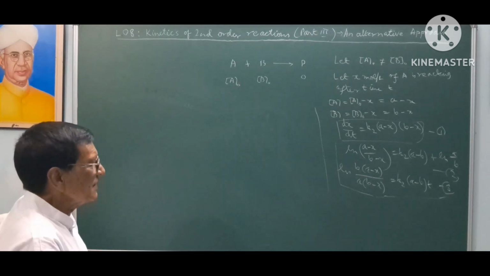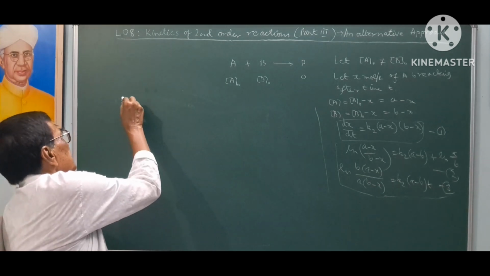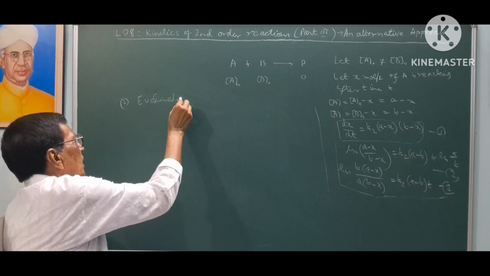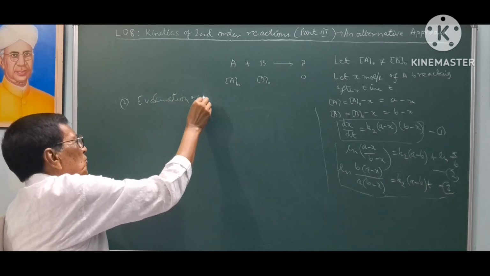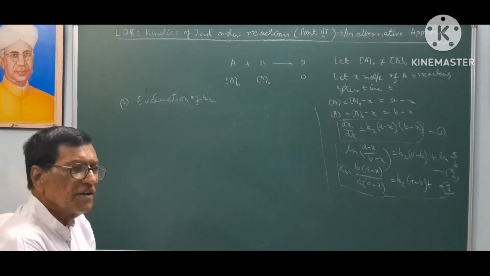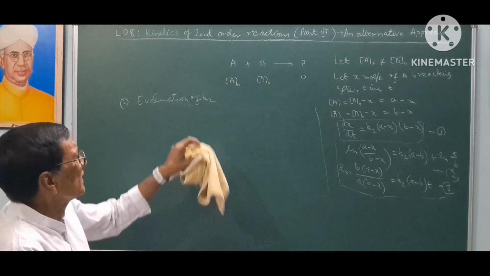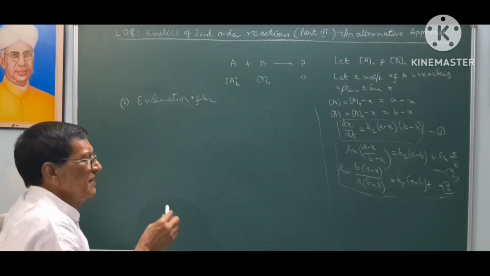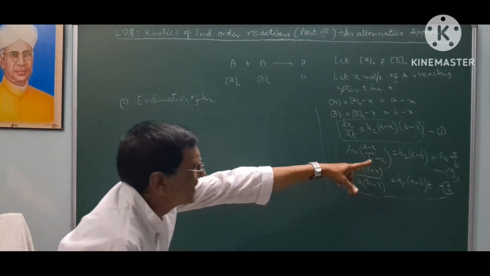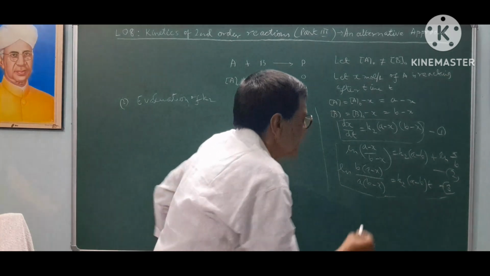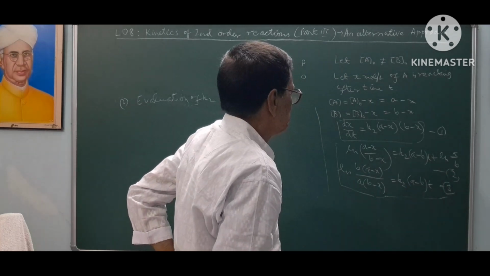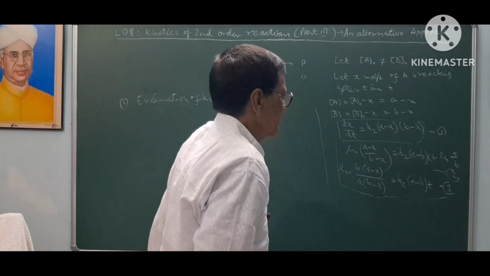Now the evaluation of k2, the rate constant of this reaction, which is a very important parameter, by graphical method, we shall have to do some experiment. Here the variables are only x and t.